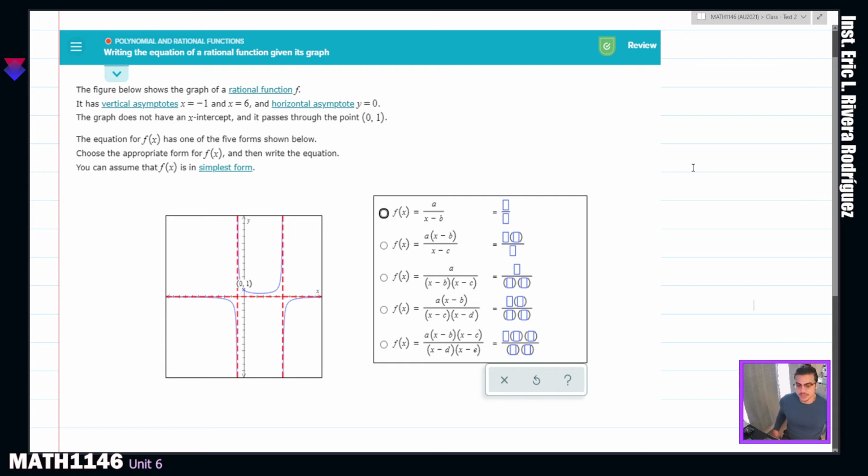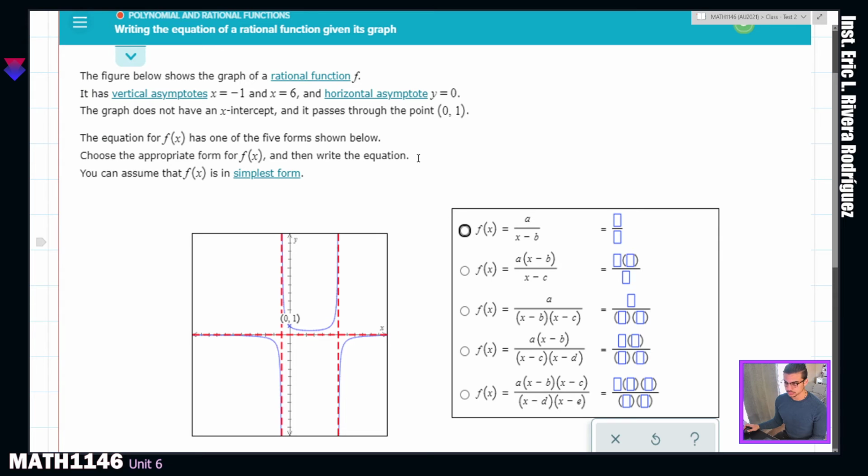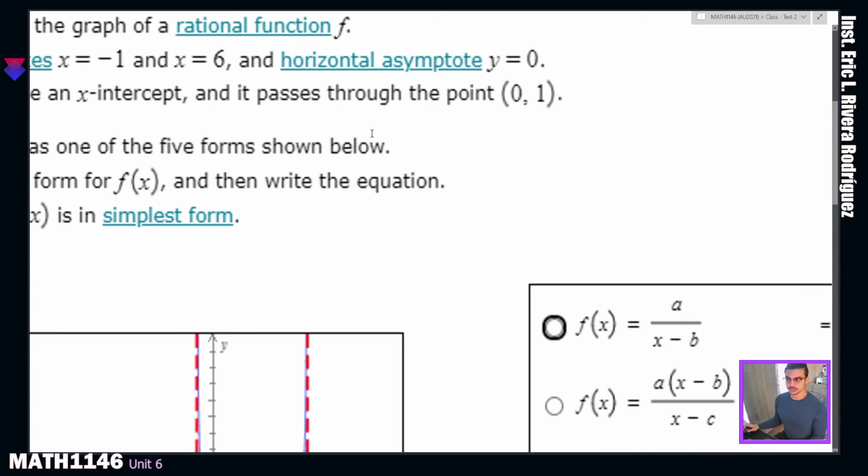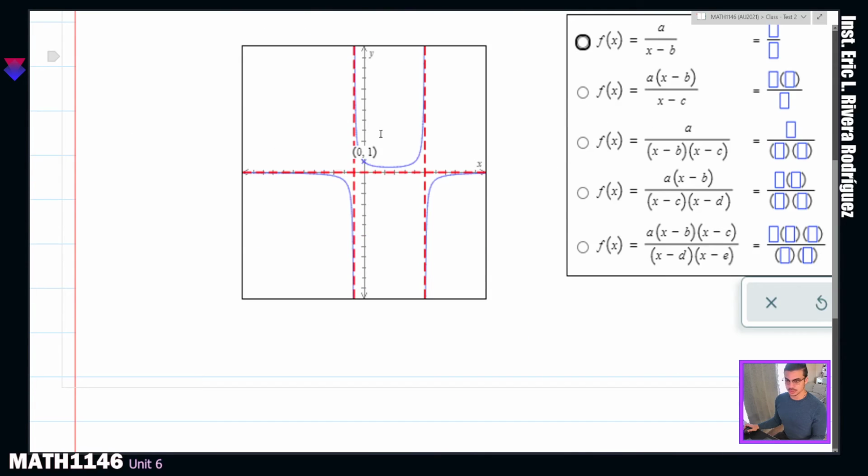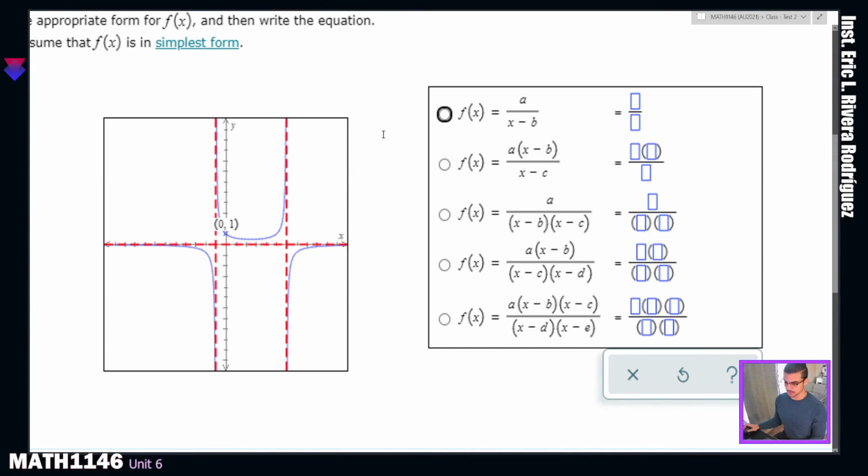All right, so now we are going the other way. We have the graph. Now we need to construct or build up the equation of the graph. So this is how you will see this exercise. You have the graph.